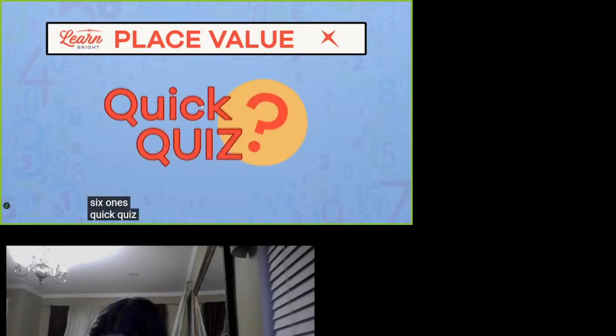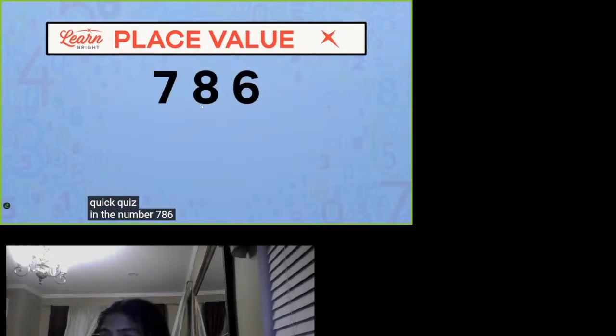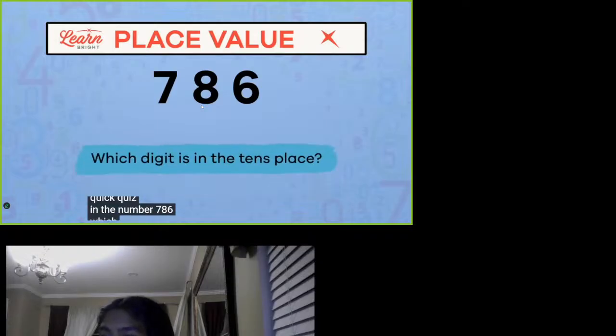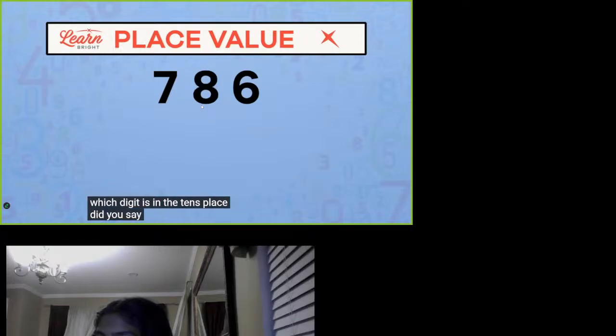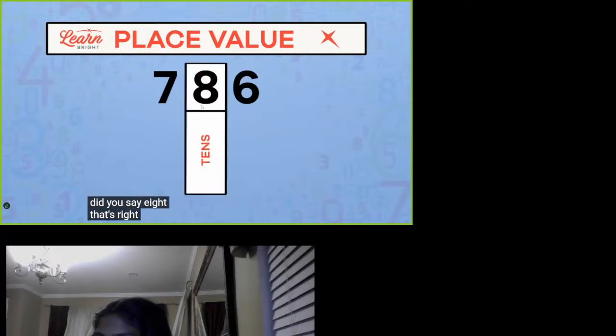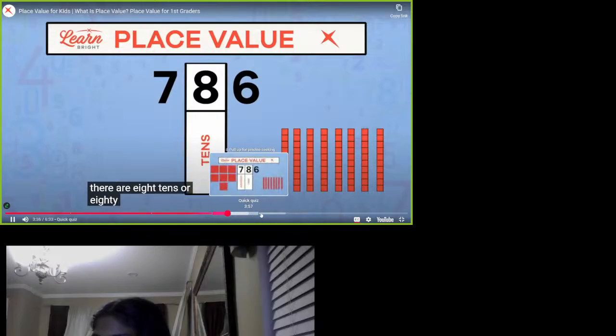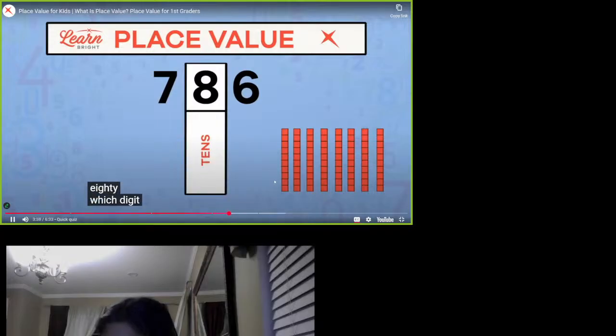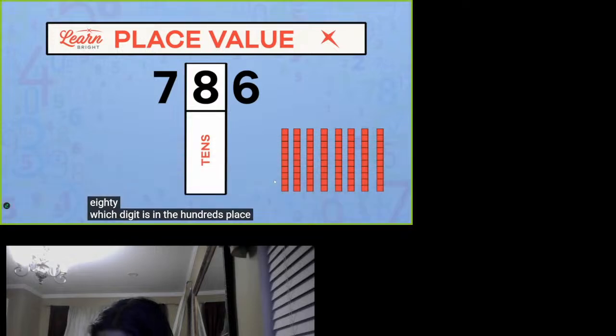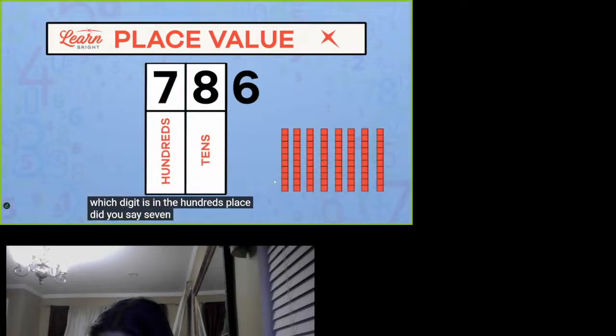Quick quiz. In the number 786, which digit is in the tens place? Did you say 8? That's right. There are 8 tens, or 80. Which digit is in the hundreds place? Did you say 7?